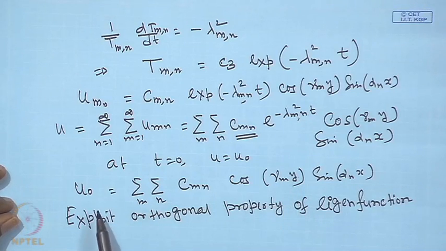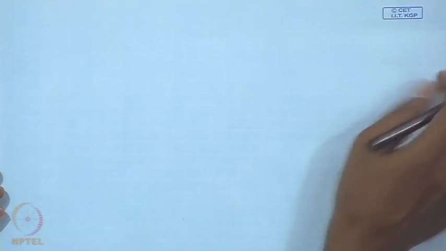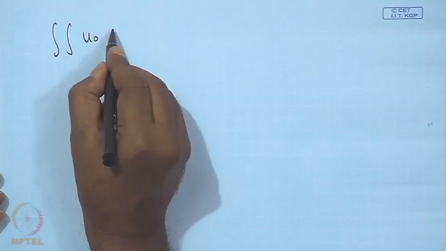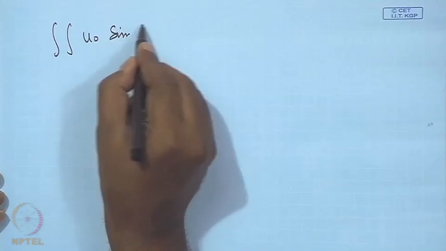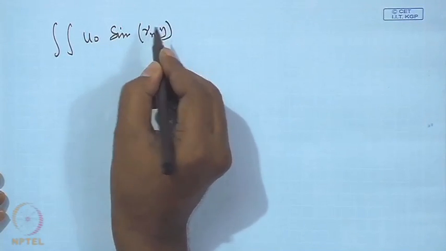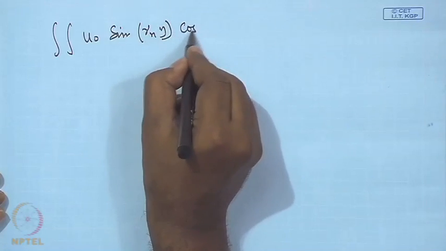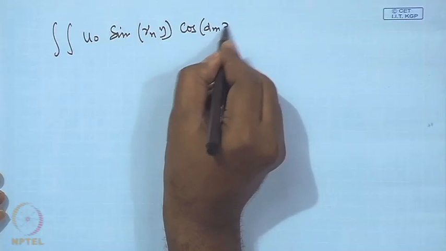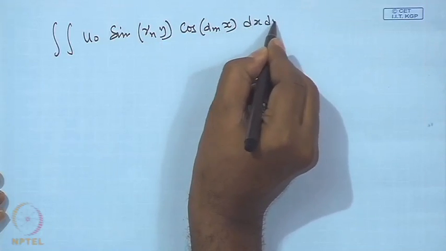We are going to multiply both sides of this equation by sine nu n y and cosine alpha m x, dx dy. If you do that, we will get the double integral of u naught sine nu n y cosine alpha m x dx dy.